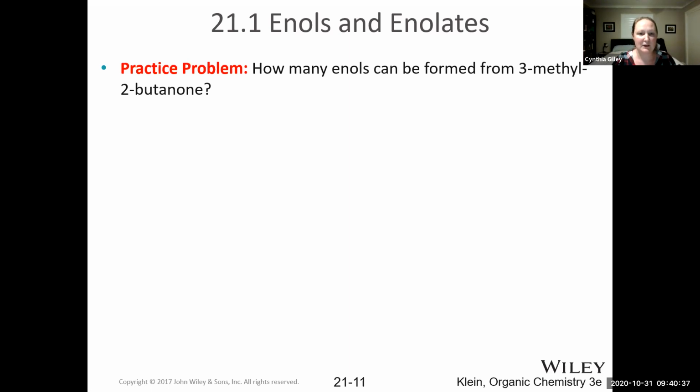And then once we have the correct structure drawn, think about how many enols might be formed from that structure. Recall that ketones have 2 alpha carbons, so that should give you a clue as to potentially drawing more than 1 enol. Go ahead and pause the video and try it for yourself, and then we'll talk about it.